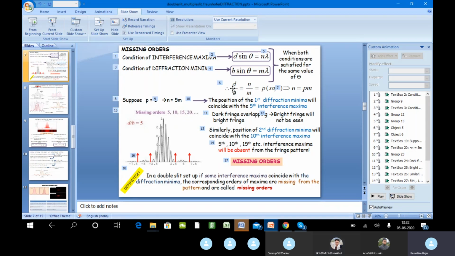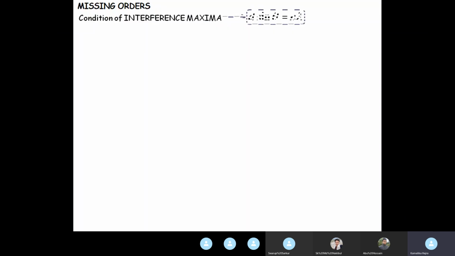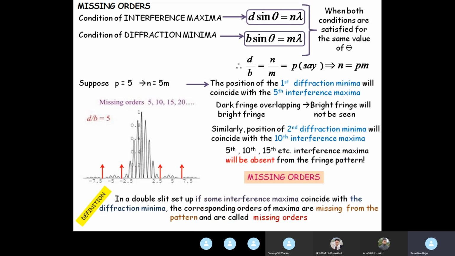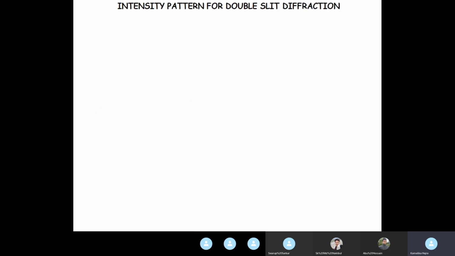Okay. So now we are at a position to draw the intensity distribution. As I told you, the intensity is a combination of single slit diffraction and double slit interference.